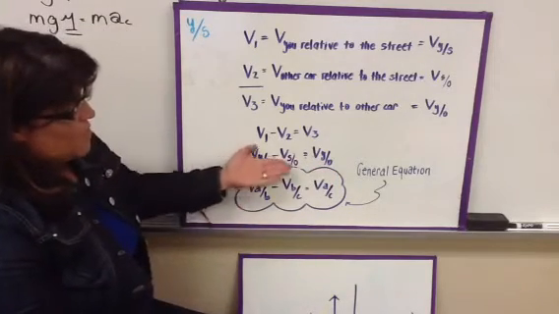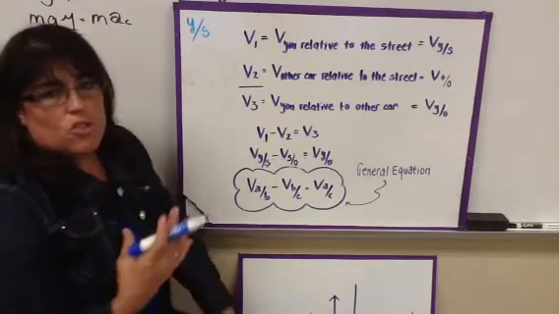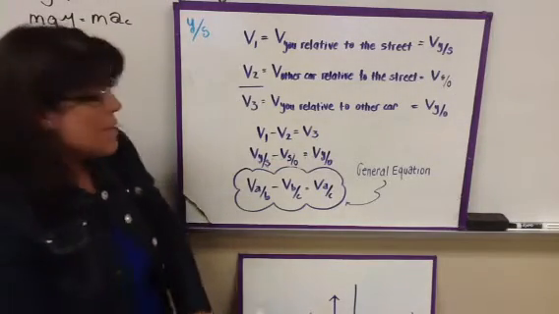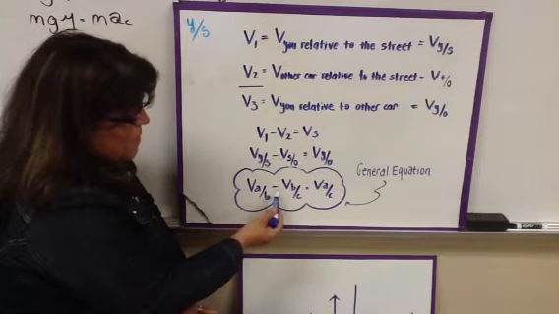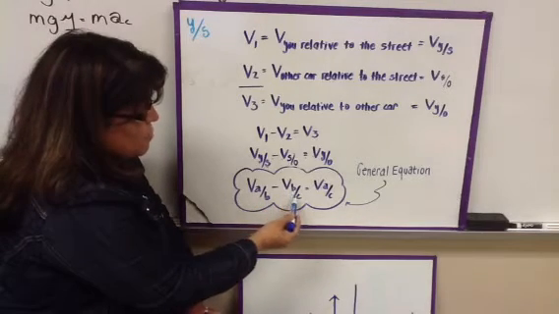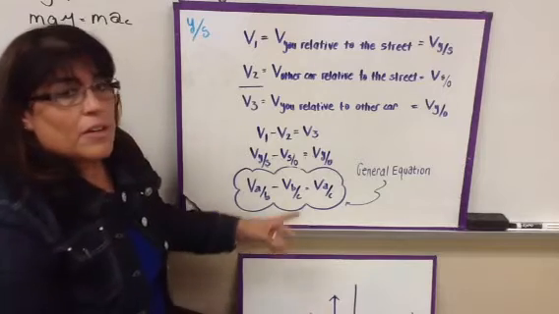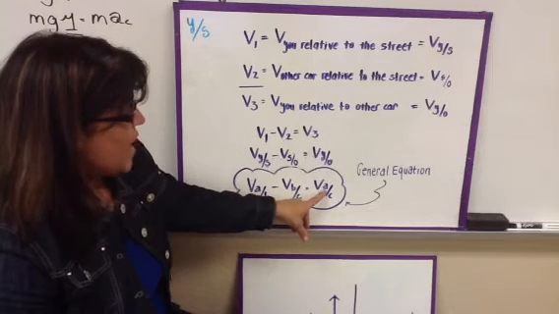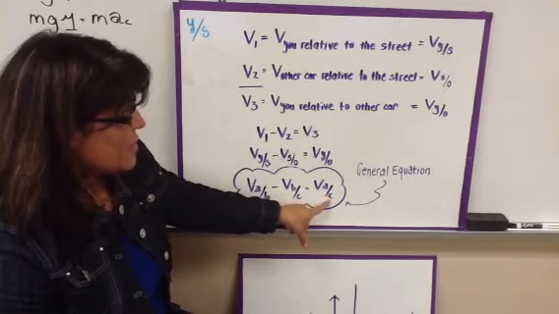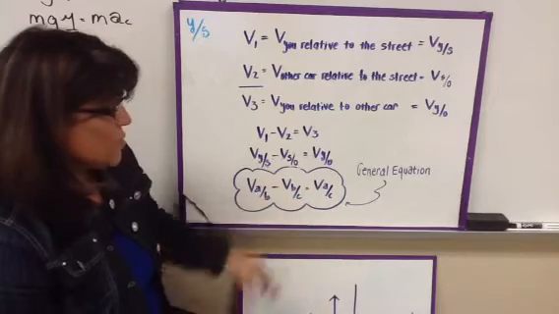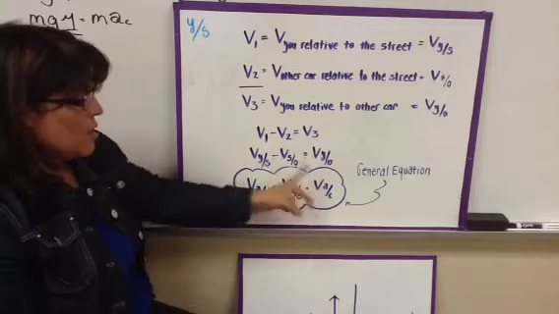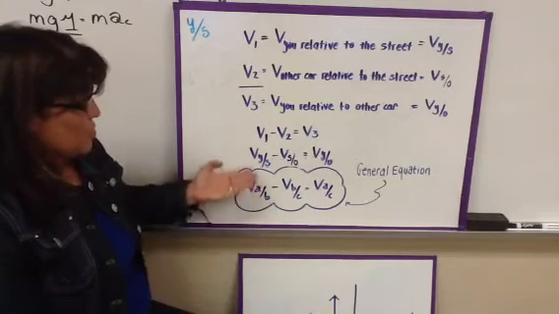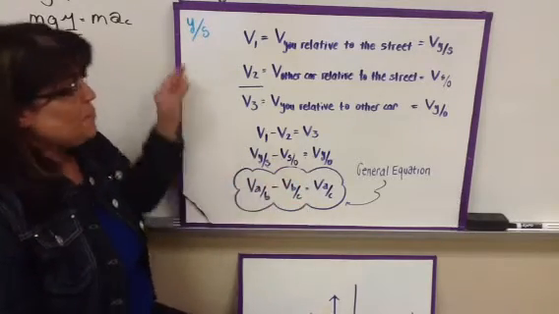If we keep the same pattern here and just use general terms of A, B, and C, this is going to be velocity of object A with respect to B minus velocity of B with respect to C. And for us to find out what velocity of object A with respect to object C is, all you have to do is subtract the two. So this becomes our general equation. What we're really doing here is subtracting vectors.